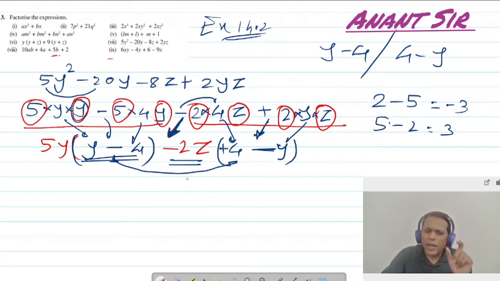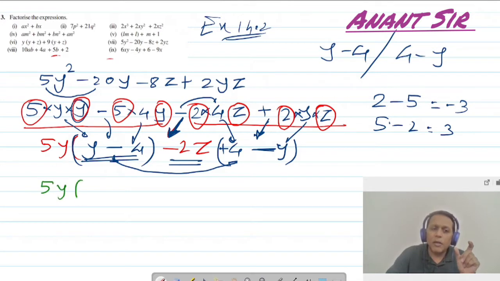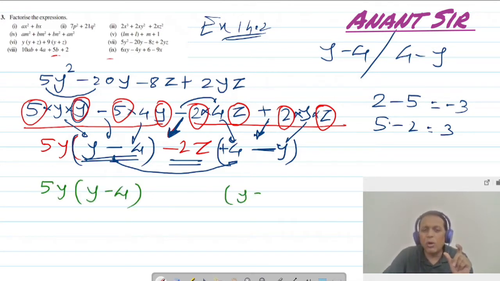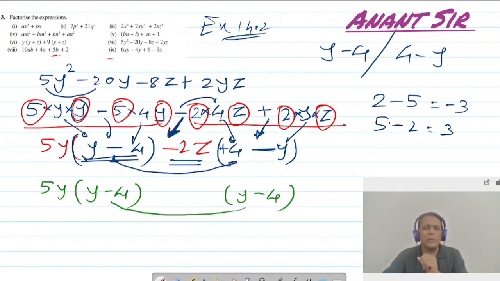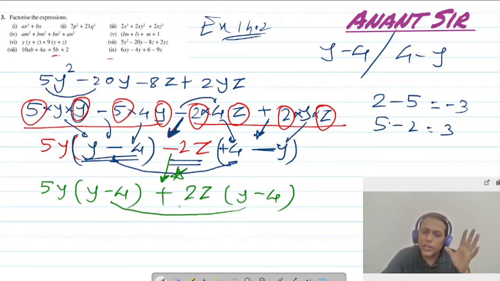So for making the brackets the same, the only very important thing you have to keep in mind is, what is the first term here? 5y into y minus 4. And if I want y minus 4 here also to make the bracket the same, the only thing I need to do is just change the sign of this term. That's it. This minus 2z will become plus 2z. If it was plus 2z, it will become minus.